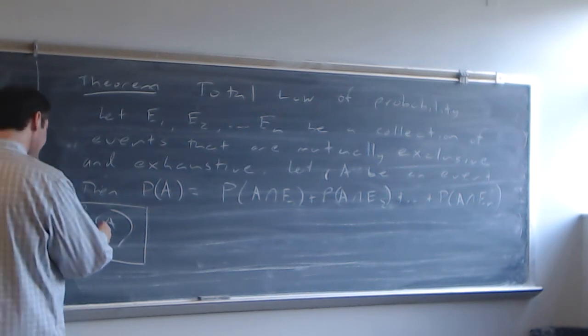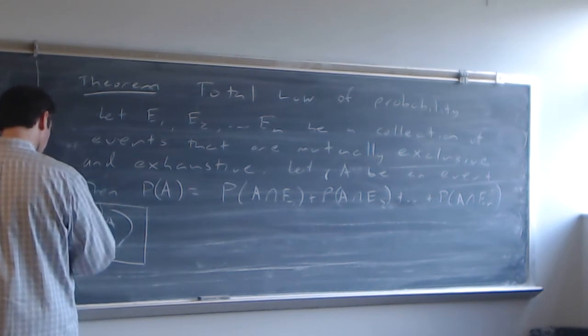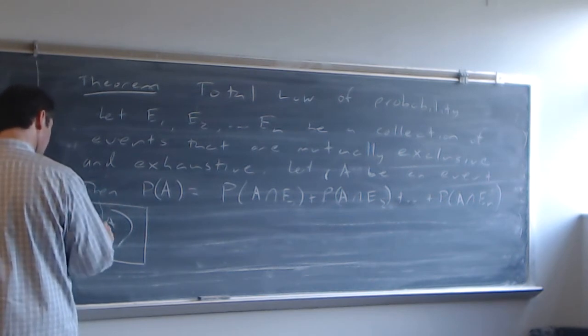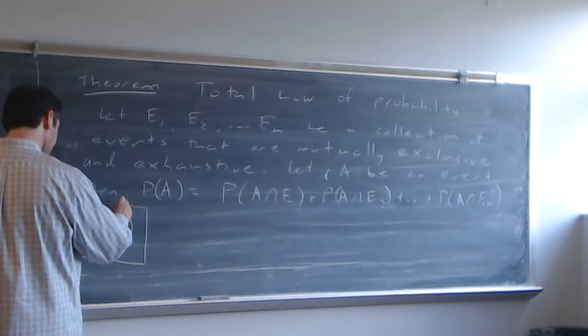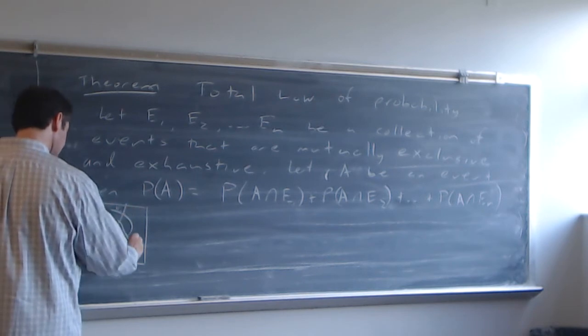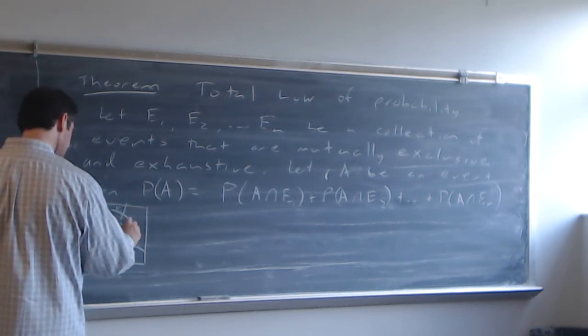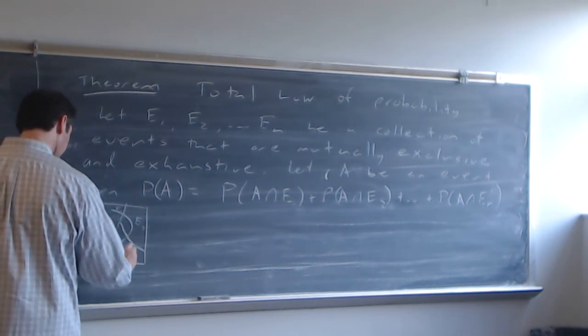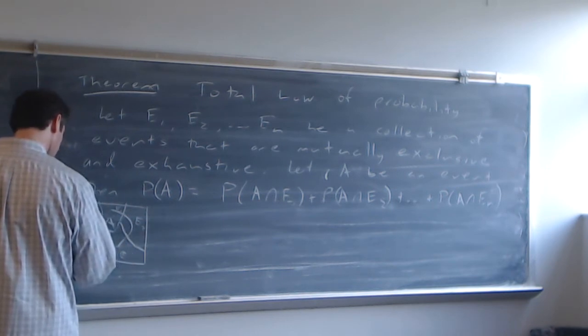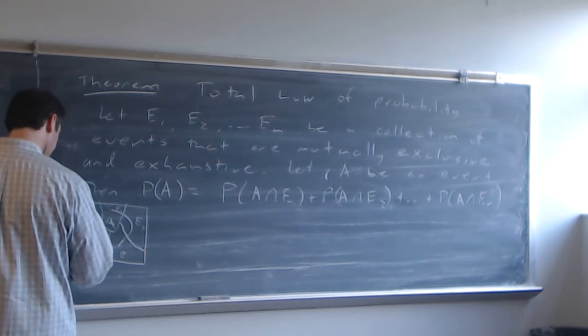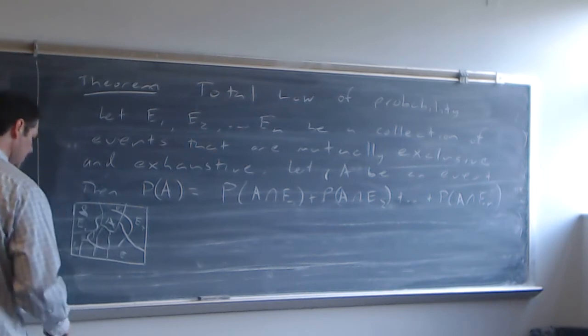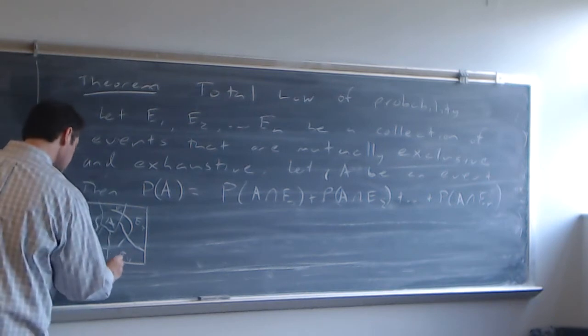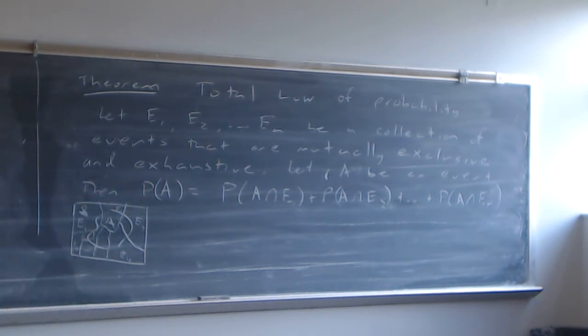Then, if we have these other events, E1, maybe there's E2, maybe this is E3 right there. This is E4, and we continue on till we get to En.